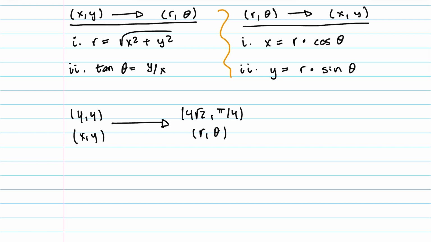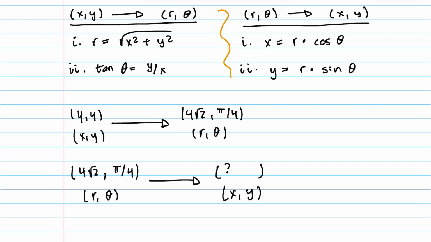For this video's first example, we'll go from polar coordinate notation, using 4 square root of 2, pi over 4, and we'll want to convert back to x, y notation. Now we know that the answer is supposed to be 4, 4. Let's assume that we don't know that and see if using the equations that we have takes us back to that point.